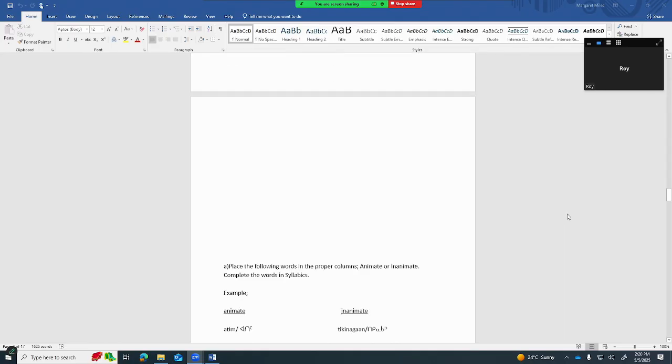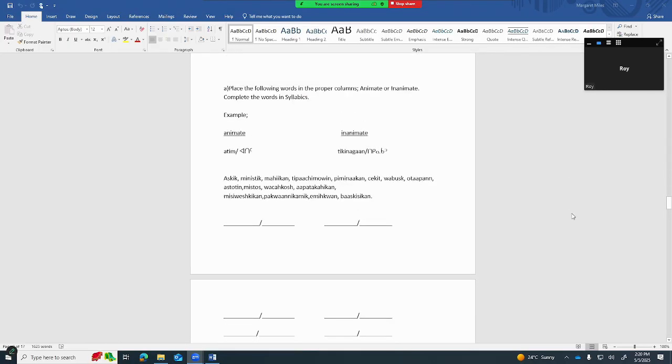Exercise A. Place the following words in the proper columns, animate or inanimate, and complete the words in syllabics. So there's an example. The first one, atim, is written in Roman orthography, and next to it is written in syllabics.